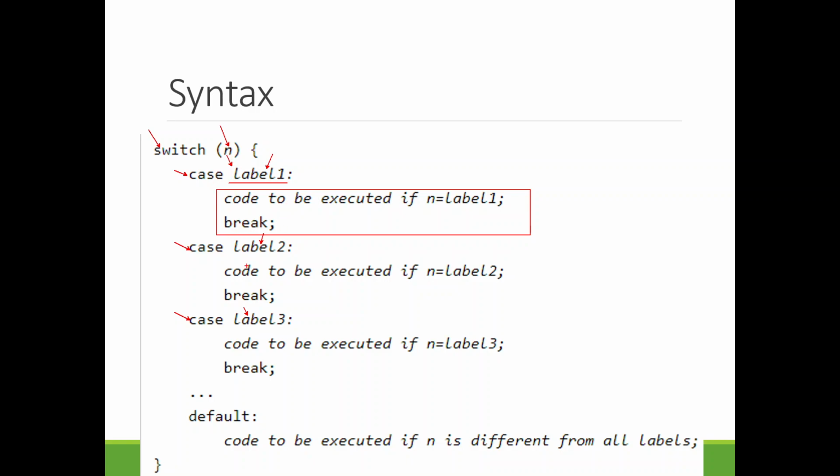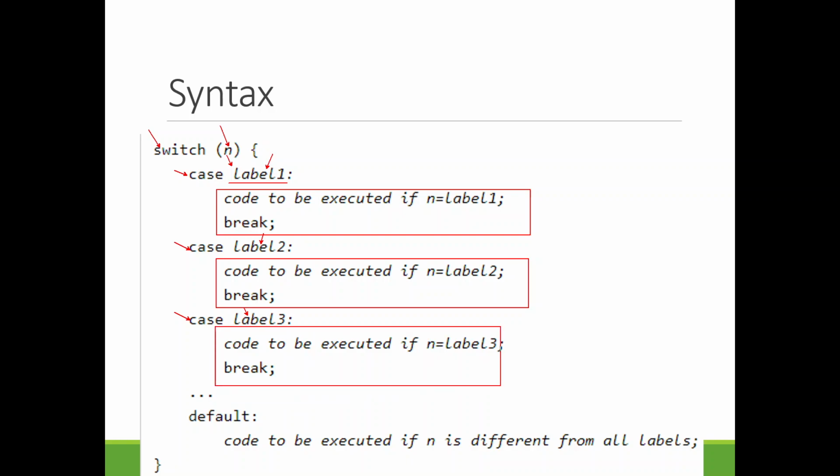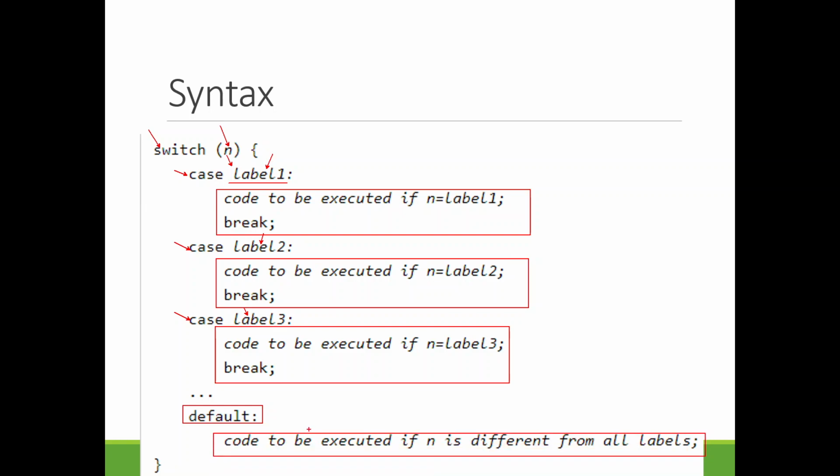Otherwise, if label 2 matches n, then this is going to be executed. Otherwise, if label 3 matches the value of n, then this one is going to be executed. Finally, we have this default, and we have some code that will be executed.